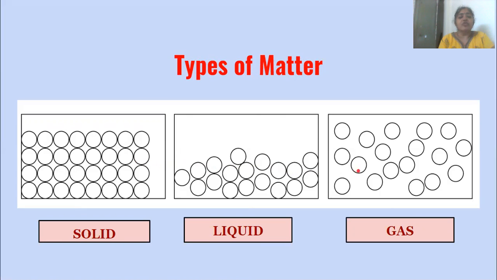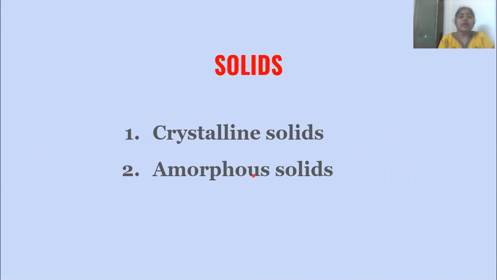Therefore, intermolecular forces are weakest in gases and maximum in solids. In liquids, they are again moderate: less than that of solids, but more than that of gas. Right? Now, with this knowledge, let us move ahead and see more in detail about solids.